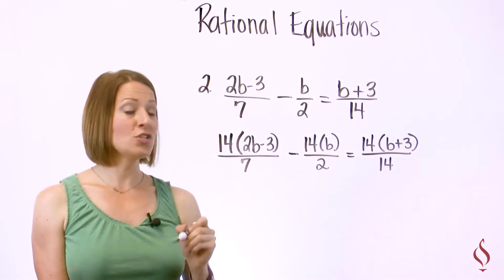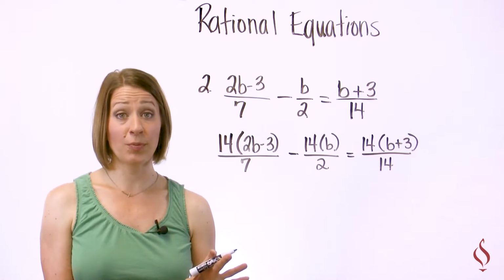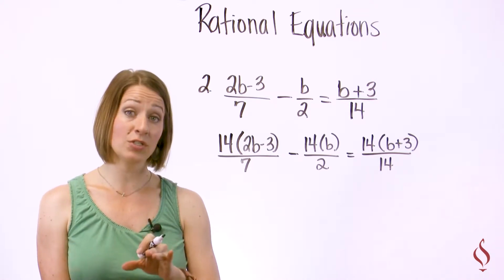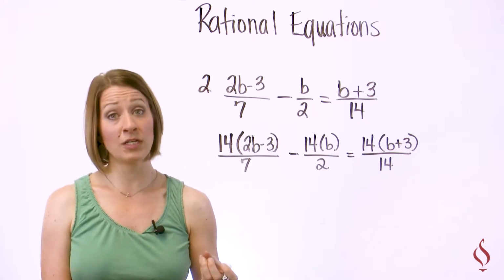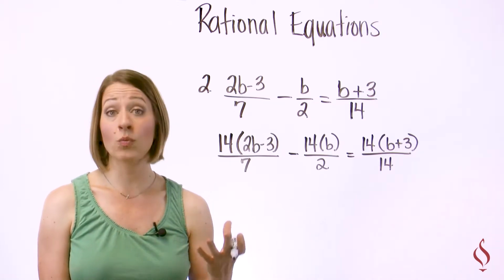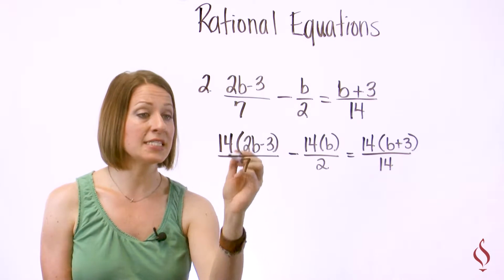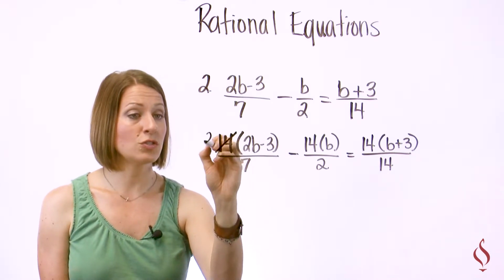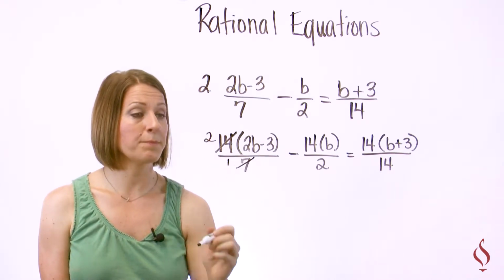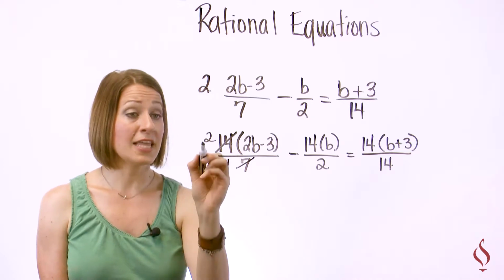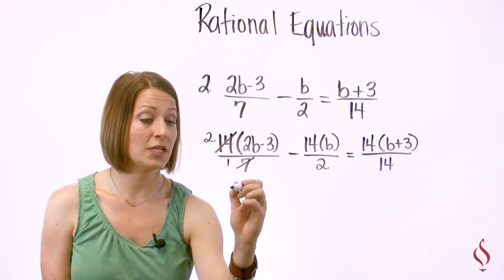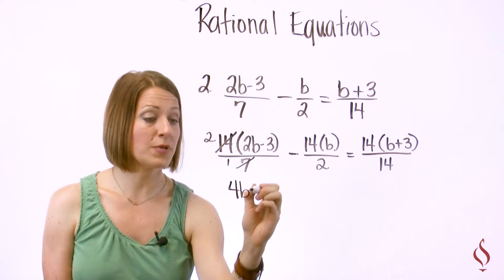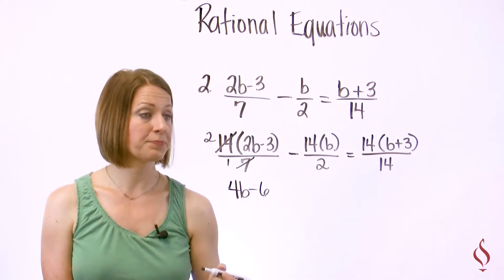Okay, do not use the distributive property at this step. The first thing I want you to do is to simplify so that your denominators are 1. So the 14 and the 7 reduce to 2 and 1. That 2 I'm going to now distribute into the 2b minus 3 to get 4b minus 6.